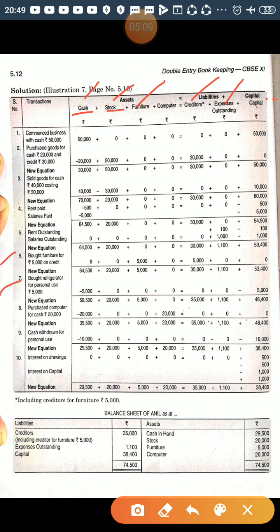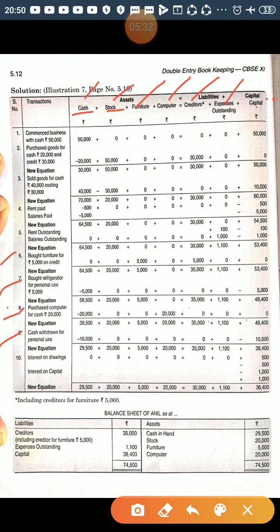So cash is already written and drawings will be adjusted from capital, and capital is already mentioned. So next transaction, purchase computer for cash. So a computer is coming into the business. Computer is a new asset. You will write computer, and cash is already mentioned.